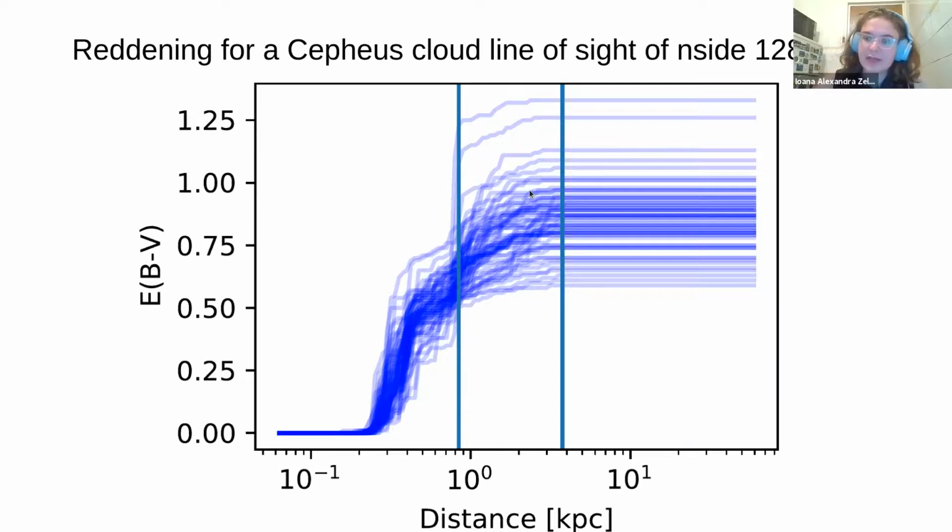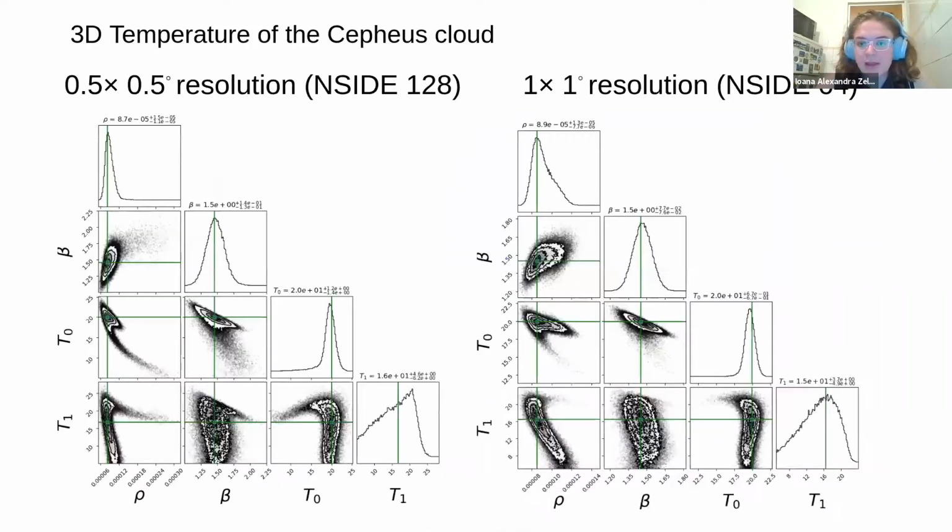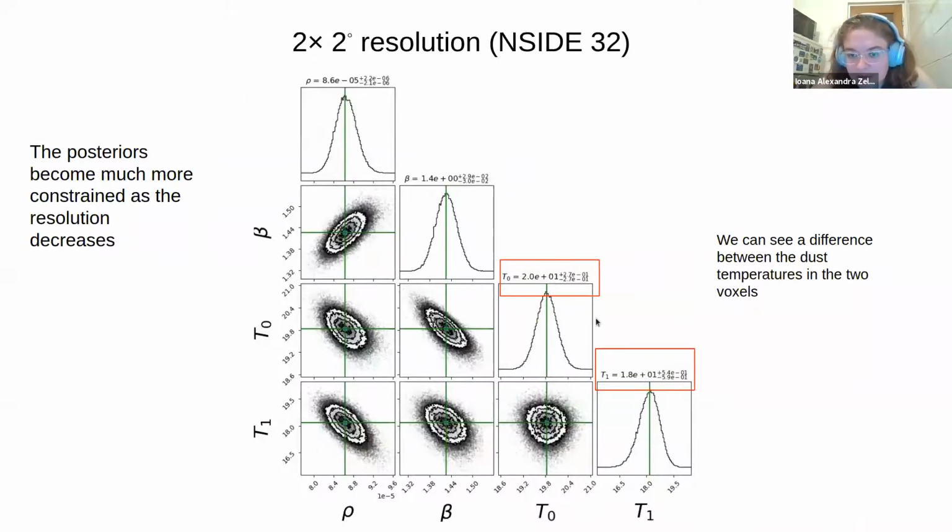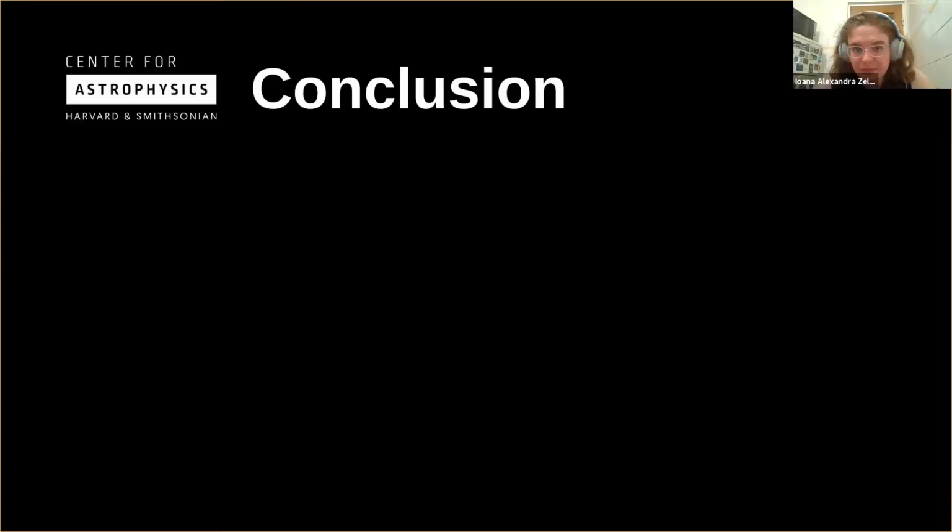That's how we are able to say that, along the line of sight, there are two components to this dust cloud. So I was able to model the temperature of this dust cloud and show that the first component is a bit hotter, at 20 Kelvin, and the second component is at 18 Kelvin. So this is a sort of first determination of three-dimensional temperature of a dust cloud.